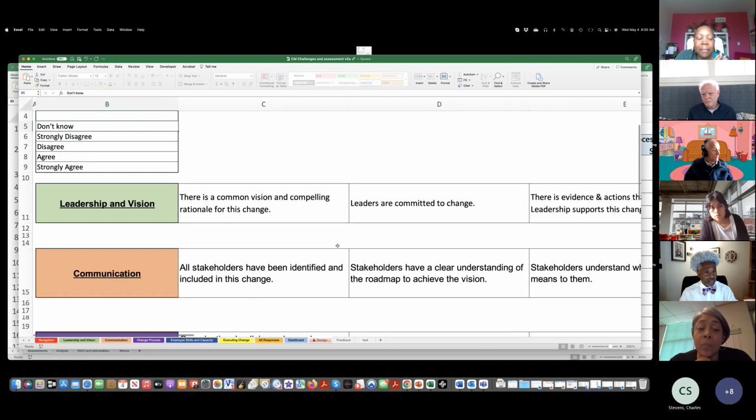We want that to be worded such that it's always a negative impact or negative view, so that over time people will consistently understand that when I select strongly disagree, I'm not happy with it, I don't agree with it, I'm not trying to implement that. So that becomes a structure, and people can get accustomed to it, so when they're answering the questions, they always know that that red box, or that red and white box, or that strongly disagree means I don't like it in my organization.